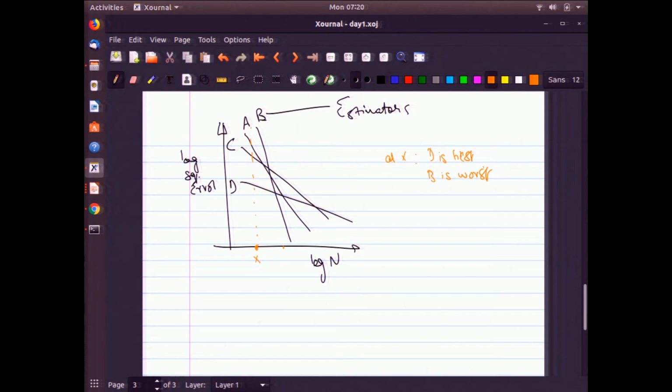Whereas if I choose at this point y, B is the best, right? And what is the worst? C is the worst. Yeah, so you got the hang.